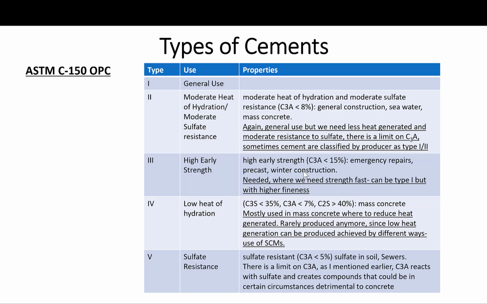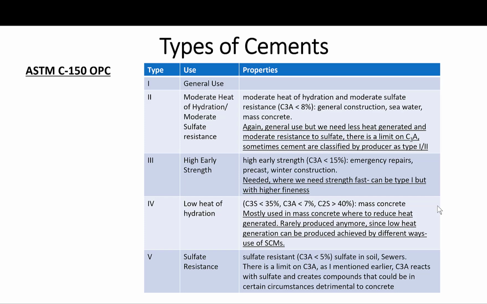Type 4, this one is designated as low heat of hydration. Type 2 is moderate, this one is low heat of hydration. It has these restrictions: C3S is less than 35%, C3A less than 7%, because that's really what generates the heat. C2S is more than 40%, because we need more C2S to make up for the low C3S content, as the strength gain depends on the calcium silicate contents. This one is mostly used in mass concrete, where we need to reduce the heat generated.